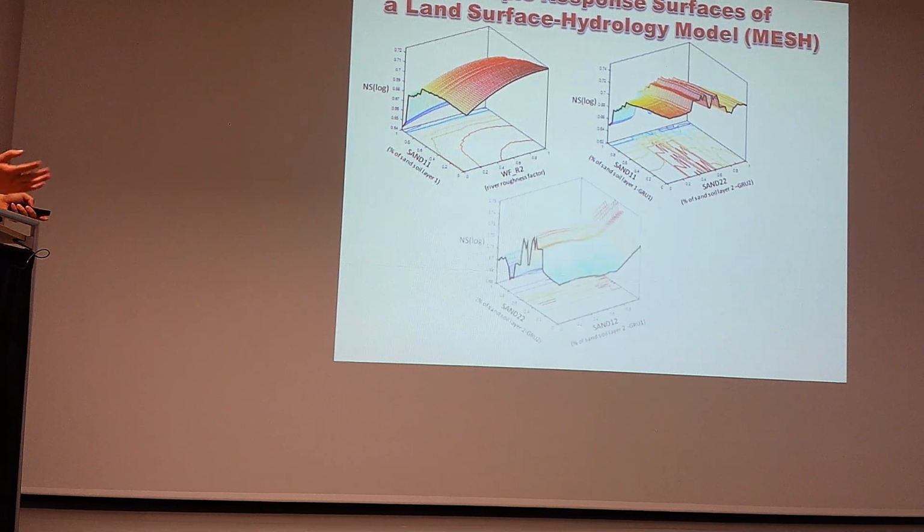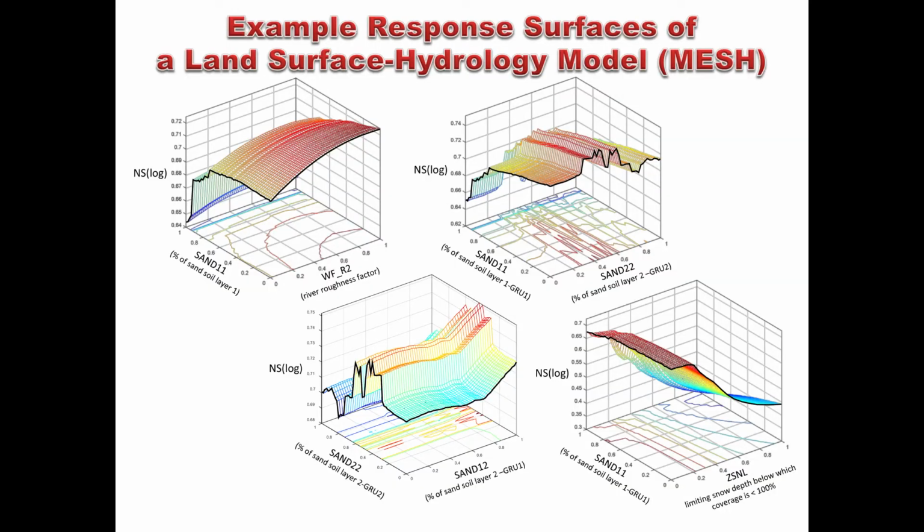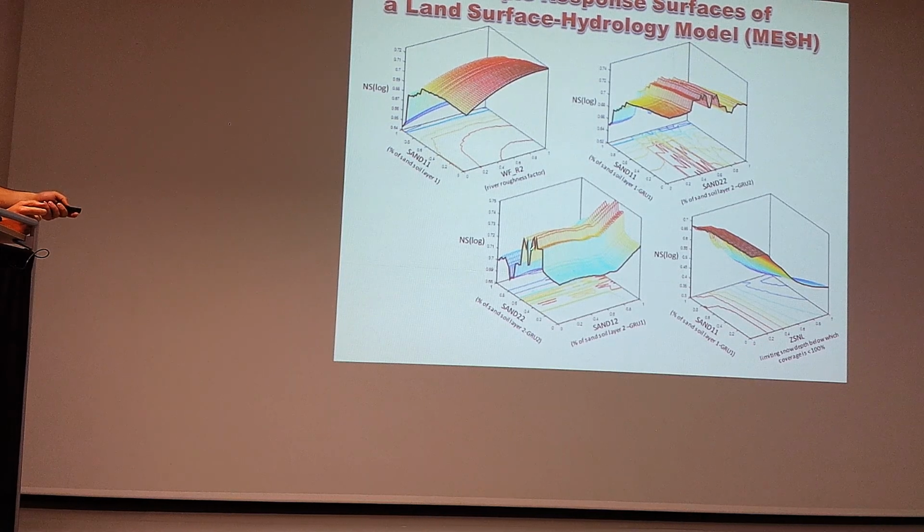These are examples of a 45-parameter land surface hydrology model we have developed in Canada, and these are just subspace samples of the original 45 dimensions for two different parameters, and you see a range of behavior. Also, these features can be different when you zoom in and zoom out, meaning when you look at different scales.